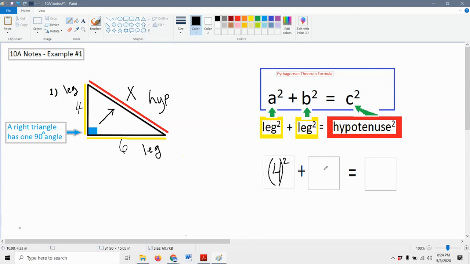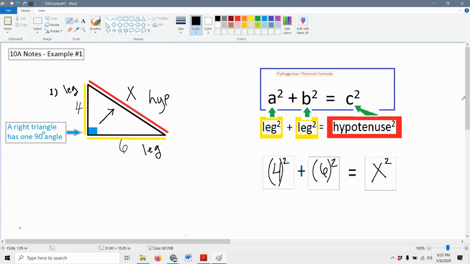For b squared, we want the other leg, so we want 6 squared. Then in this spot, it's c squared, the hypotenuse squared, but we don't know that length, so we'll put x squared. Guys, all of these have to be squared when we're using this formula.